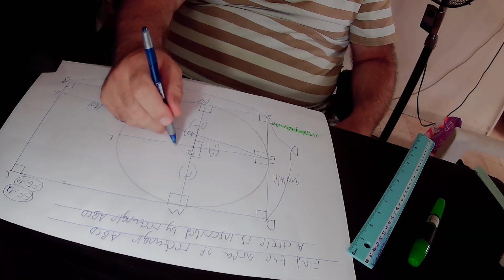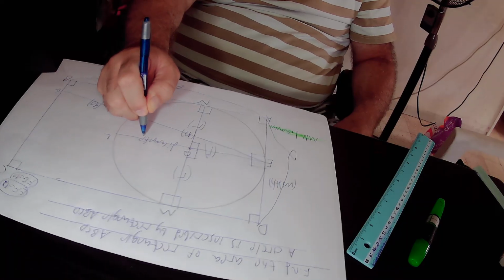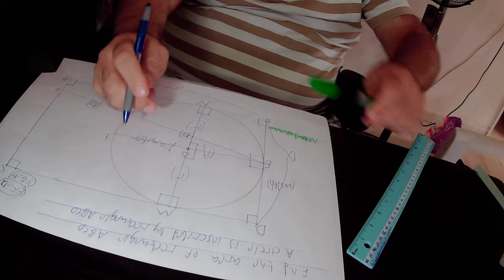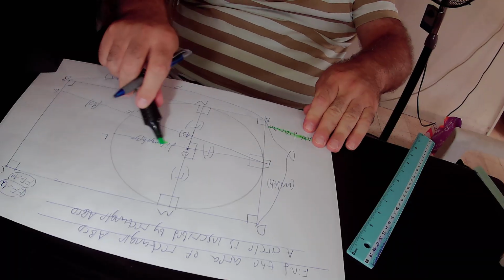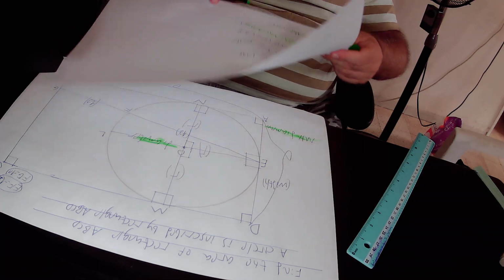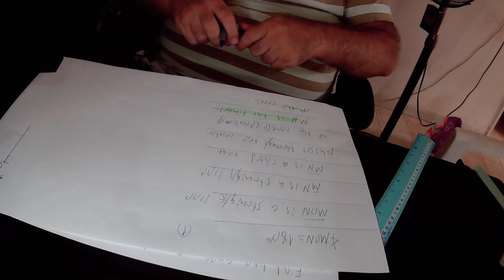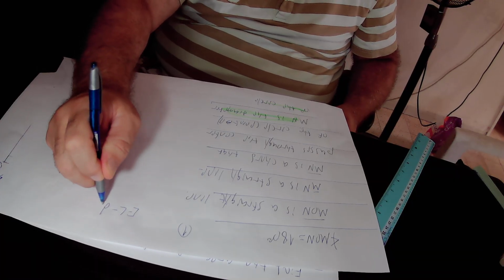So write it down, EL is the diameter of the circle.